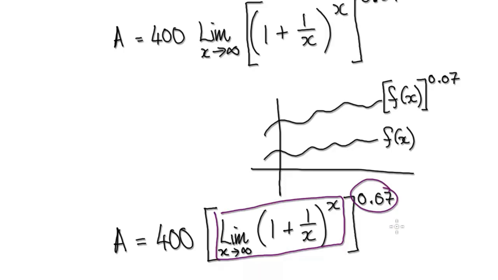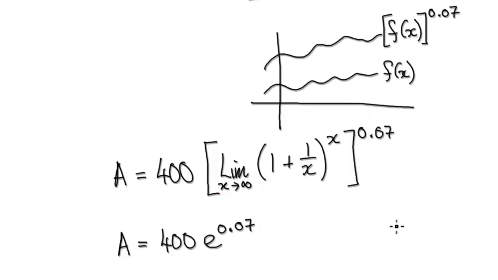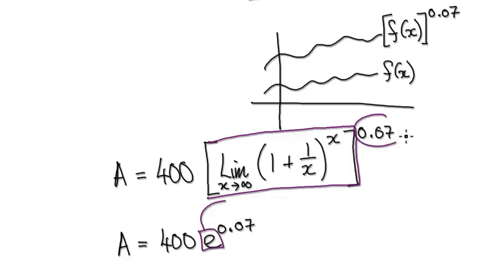And then notice that this thing here is the number e, because of the 1 over x. I'm expecting you to know this. This thing here is the number e. So 0.07 is here, and this is your initial amount.